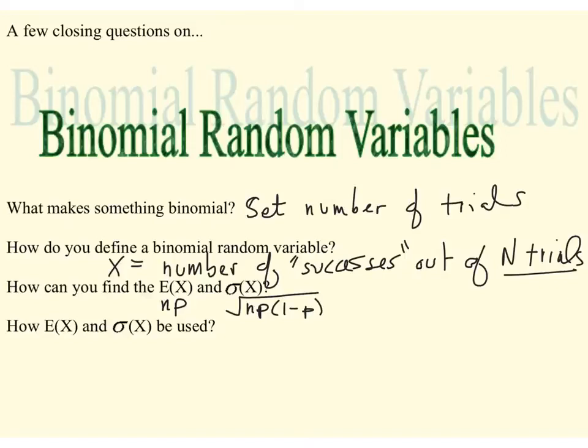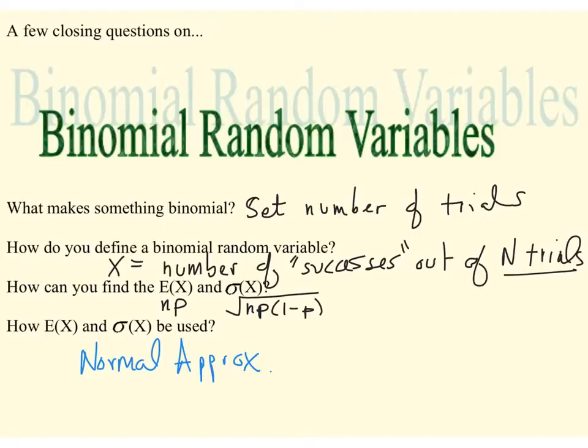Now, how do we use them? Well, we don't really use them a lot anymore. How we used to use them was we use the normal approximation to do kind of big mass calculations of binomial distributions.